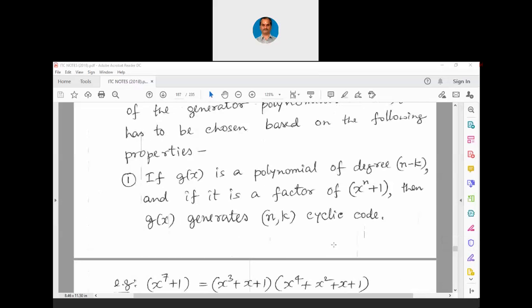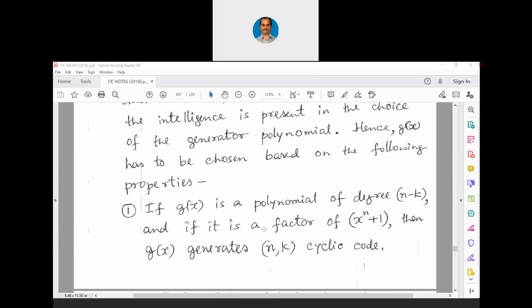Let us see those properties now. If g of x is a polynomial of degree n minus k, and if it is a factor of x power n plus 1, then g of x generates an n comma k cyclic code. Now this is the requirement. The requirement is g of x has to be a factor of x power n plus 1. That is how we have to choose.